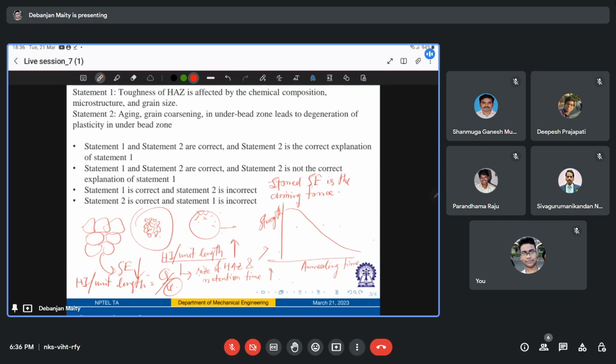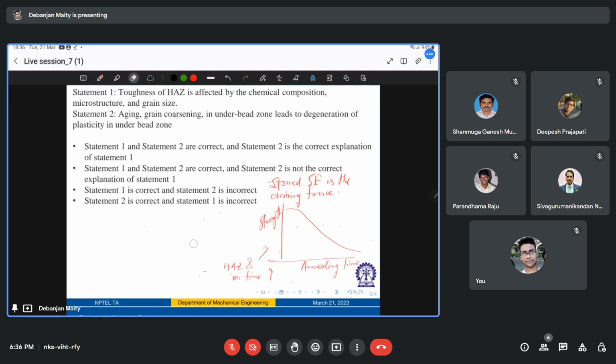Let us graphically represent the thing. Let's say this is my fusion zone and this is my heat affected zone, and then this is my fusion zone and this is my heat affected zone, and then this is my fusion zone and this is my heat affected zone. So what is happening here?